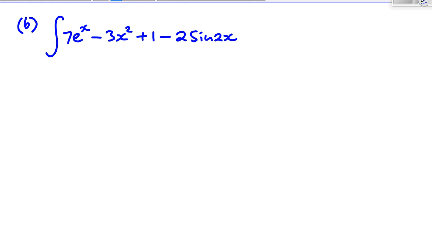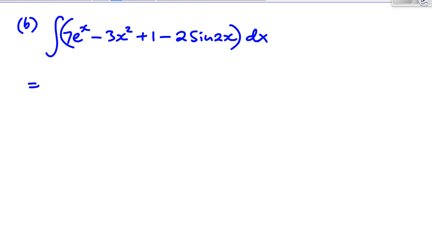For B, I have the integral of 7e to the power x minus 3x squared plus 1 minus 2 sine 2x. Integrate that with respect to x.